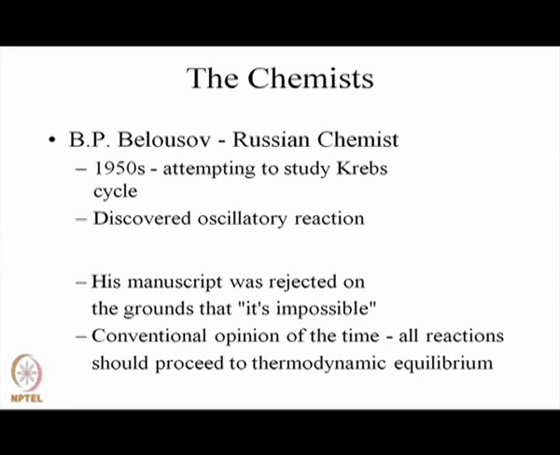People never thought of such a reaction, never could imagine it. The conventional idea is, why should the reaction get back, why should the color get back to the initial, and then the initial again go to the final, and the final again back to initial? Why should it happen? That's why his manuscript was rejected.